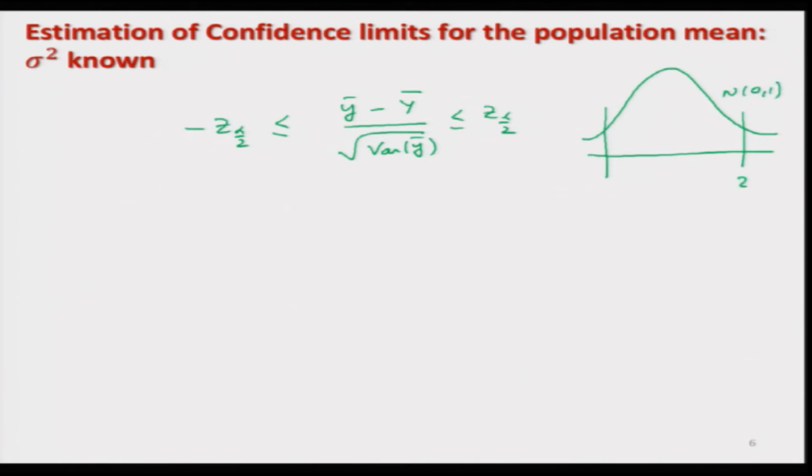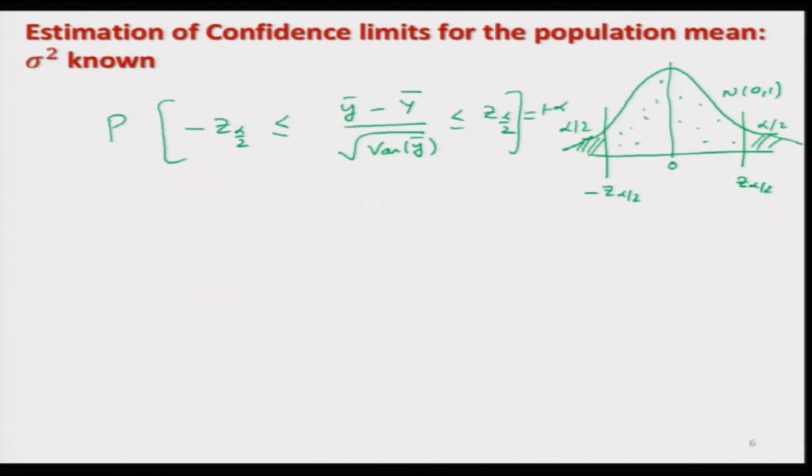This is the quantity z alpha by 2, and on the left hand side the quantity is minus z alpha by 2. The shaded area on the right hand side and left hand side is actually alpha by 2, and here is the mean. So, this value will lie between minus z alpha by 2 and plus z alpha by 2, that means in this interval, and I am saying that the probability of this event is 1 minus alpha.